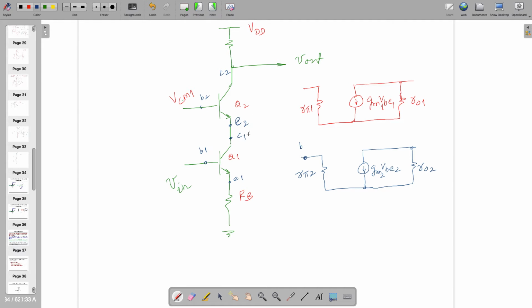So this is B1, C1, and E1. E1 is connected to RB, so I can keep here RB and ground. This C1 and this E2 are shorted.